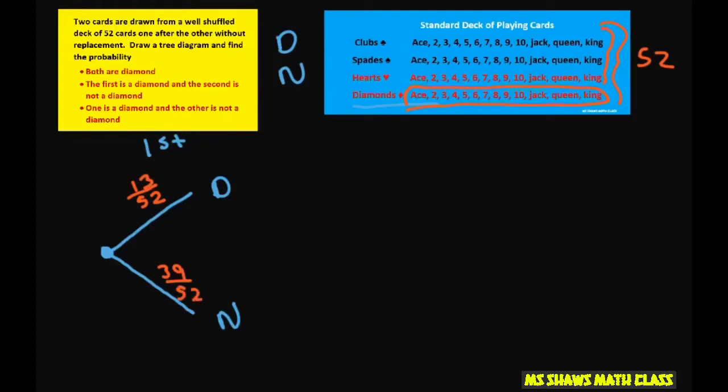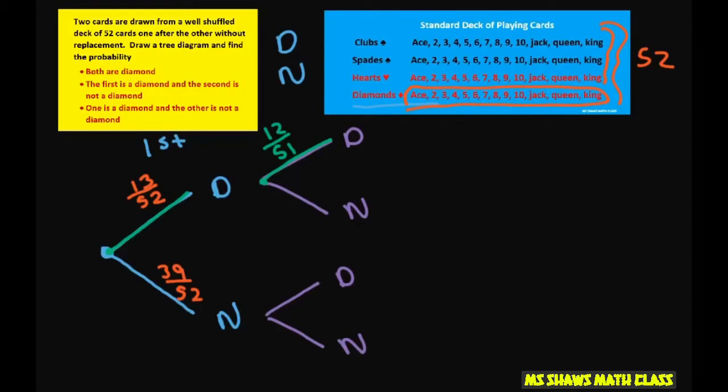Now, after you draw the first, you're going to draw the second. So you can either get a diamond or not diamond. All right, so let's look at this. If you draw a diamond here, then you draw a second diamond and you didn't replace it, that means you only have 51 cards and you also only have 12 diamonds.